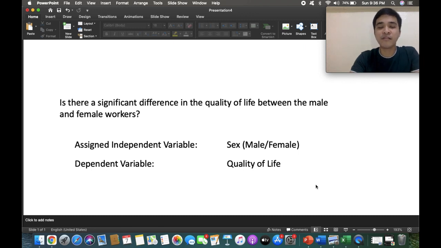So the question here is, what will be the appropriate statistics that you will use in the analysis of this type of research question? For testing significant difference with two independent groups, in this case we have data for male and different data for female. Meaning our quality of life data will be obtained from two independent groups.